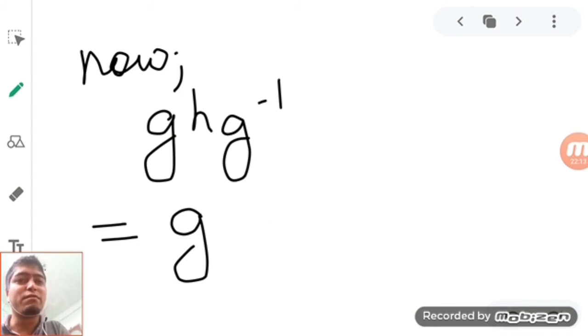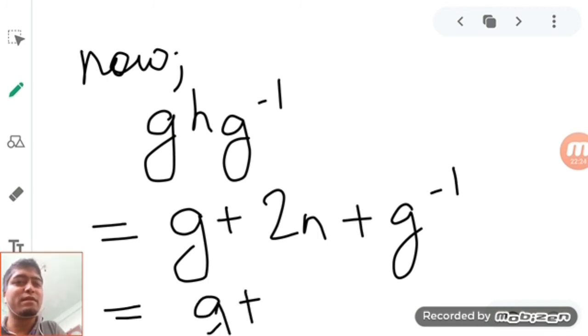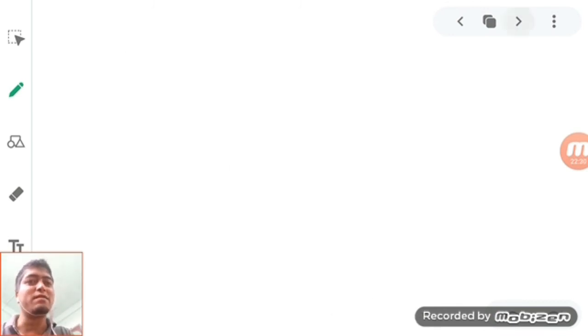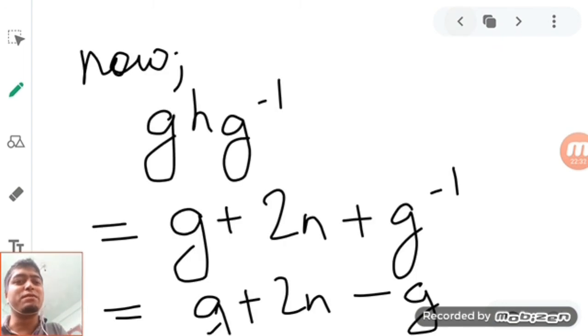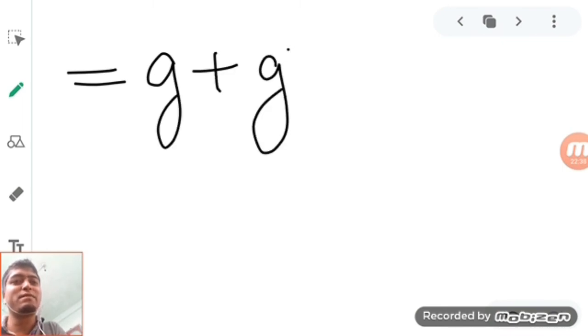In fact, this one will be plus, the operation of the group, plus g inverse. And g inverse over here will be minus g, because it was with respect to addition. So g and minus g will get cancelled.